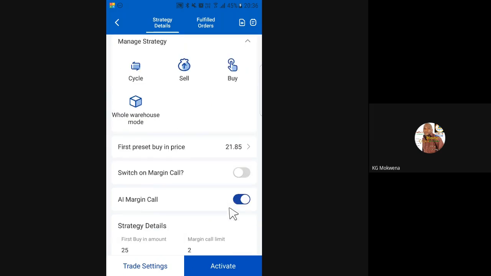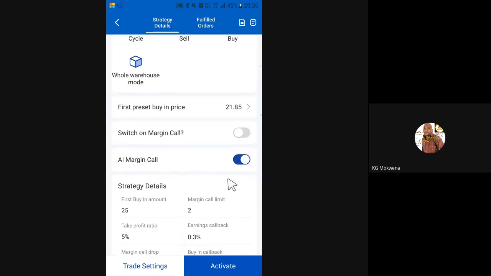And one other thing that is important is that we also place AI margin call. AI margin call is very important, business partners. We'll always look for a suitable entry price for you, despite the one that you have put in place.